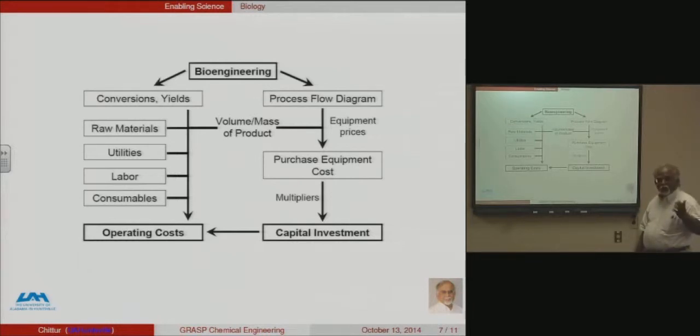How much of the penicillin is made in a given unit of time per some unit of the mold, for example? What type of raw materials do we need? What type of equipment might we need to process those raw materials? What type of utilities might we need, because these things typically run 24/7, 365? What type of utilities do we need and so forth? What type of labor do we need?